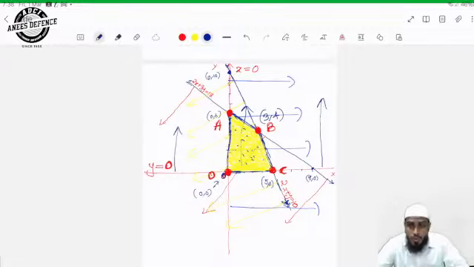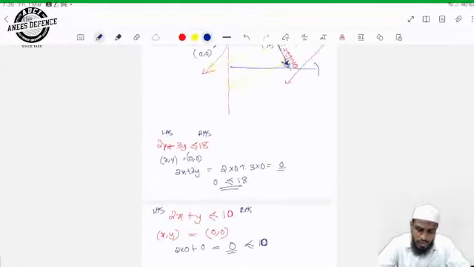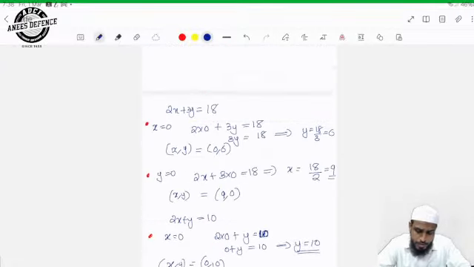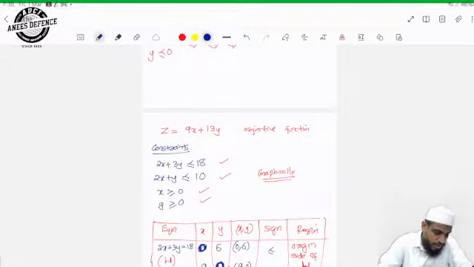Now we have to consider the objective function. What is our objective function? The objective function is z equal to 9x plus 13y.